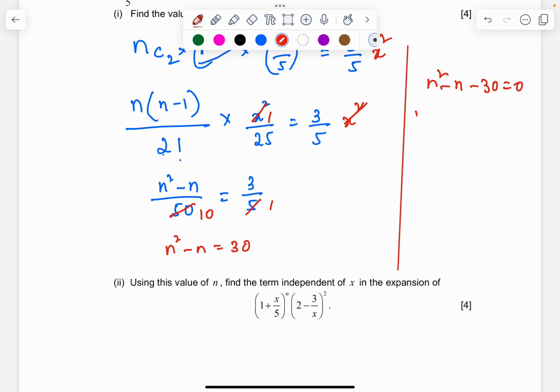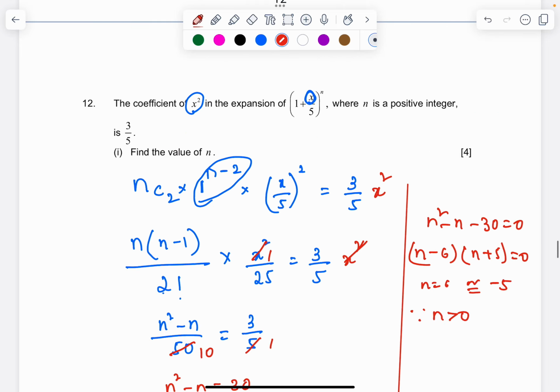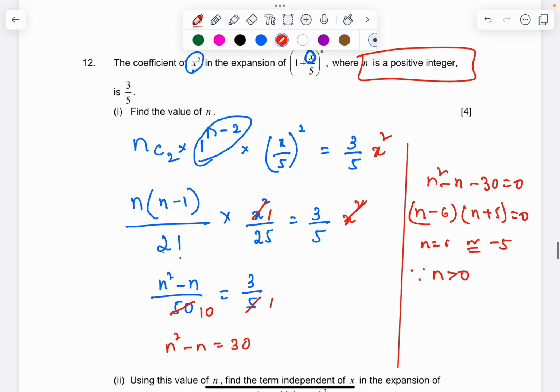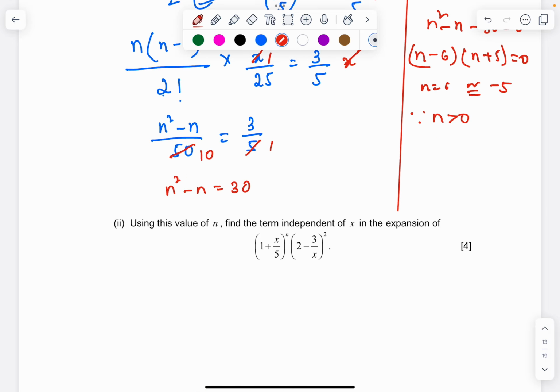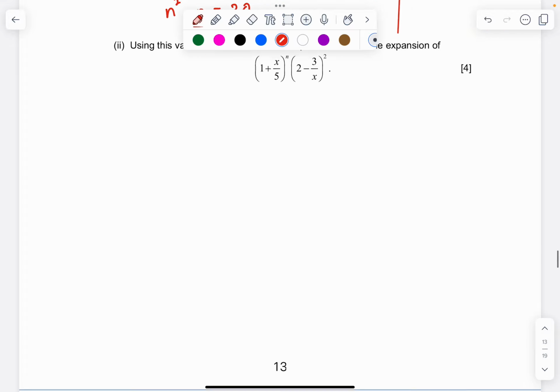So the factors are n minus 6 times n plus 5. So n equal to 6 or n equal to negative 5. So since n is greater than 0, here he said already n is a positive integer, n equal to 6. So our answer is n equal to 6.